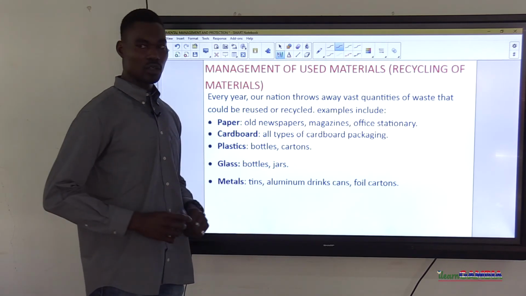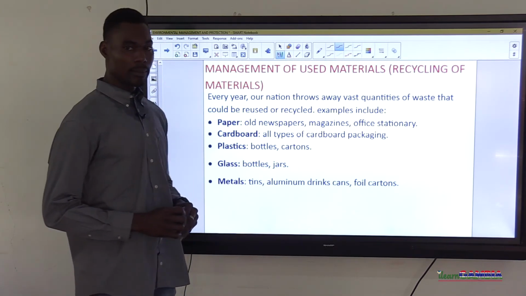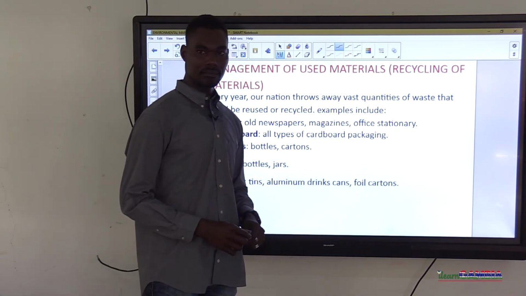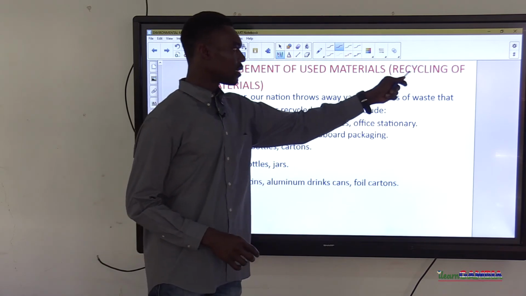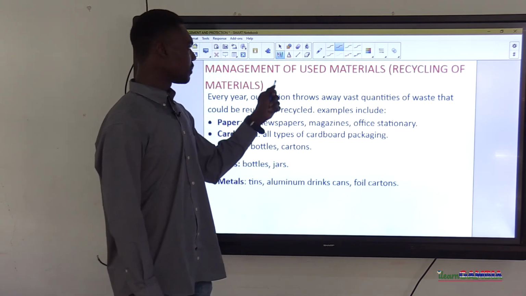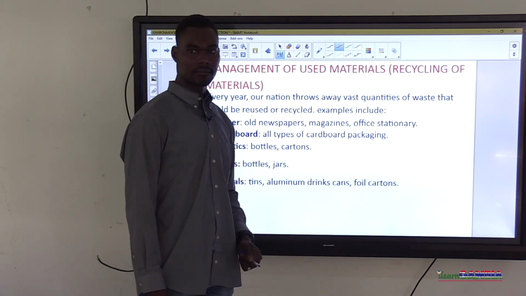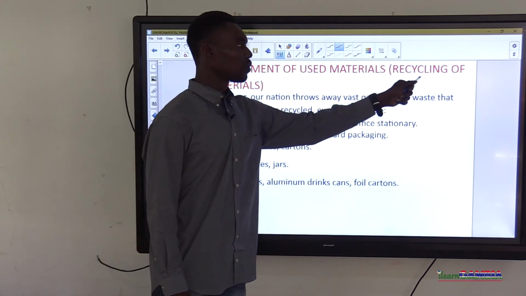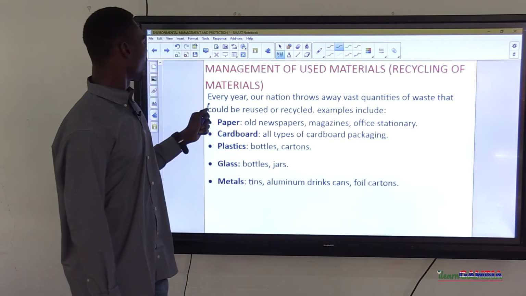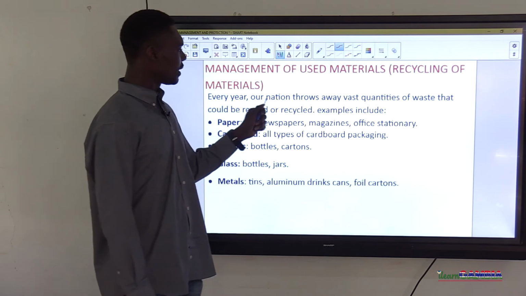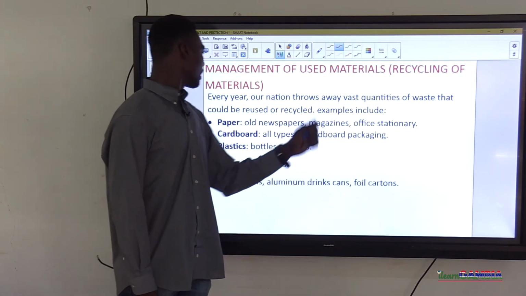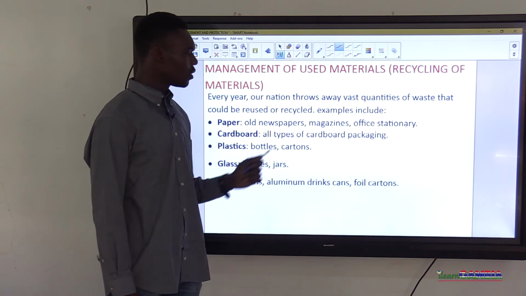We look at this aspect also of environmental management and protection: management of used materials, or recycling of materials. Every year, our nation throws away vast quantities of waste that could be reused or recycled.